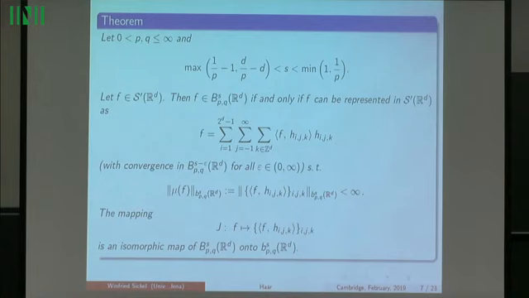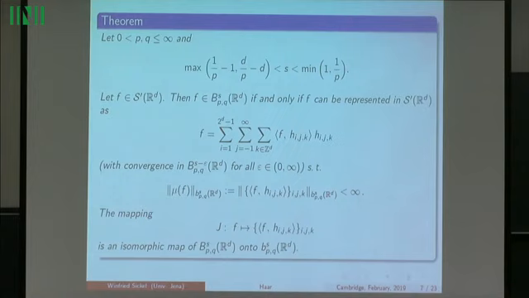A tempered distribution belongs to the Besov space if and only if it can be represented in S prime, so in a very weak form, by this Fourier-Haar series. At the end, it turns out, when your function belongs to the Besov space, then this convergence is not only in S prime, the convergence takes place in all these spaces B^{s-epsilon}_{p,q}.